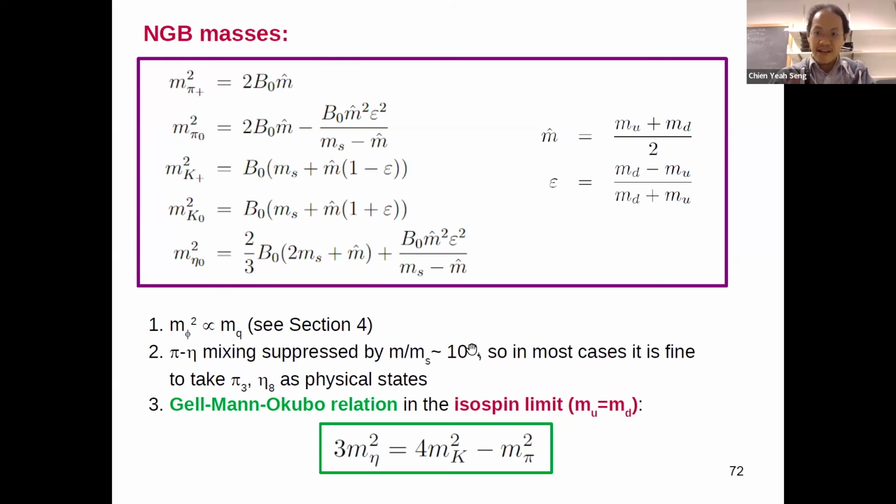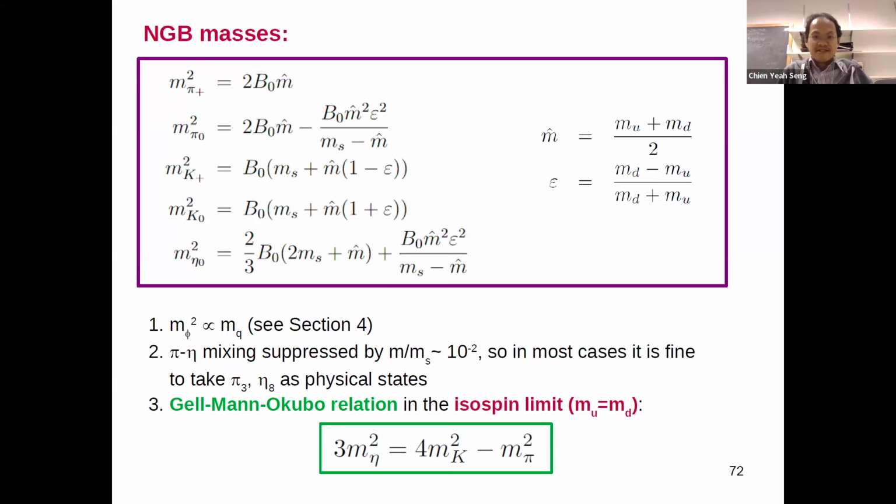Therefore, in most practical cases, you can discard this term. So you can assume that there's no mixing between pi 3 and eta and take them directly as the physical states pi 0 and eta. And yeah, so these are two properties.